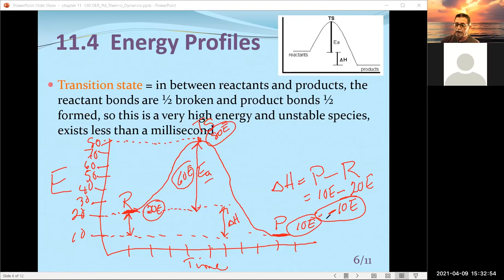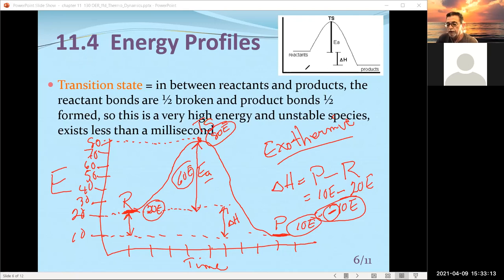But more importantly, it's negative. Negative. That tells me that this is an exothermic reaction because it gave off heat. Delta H is negative. It gave off heat.